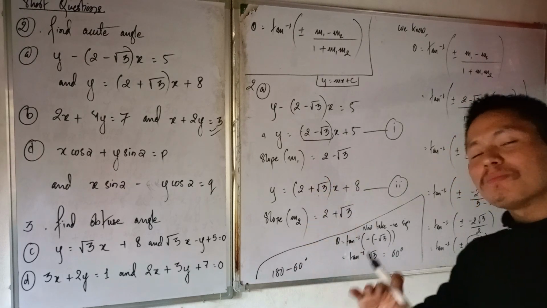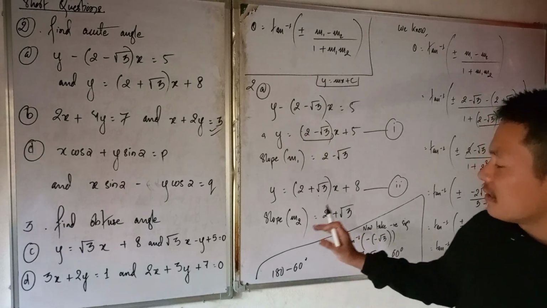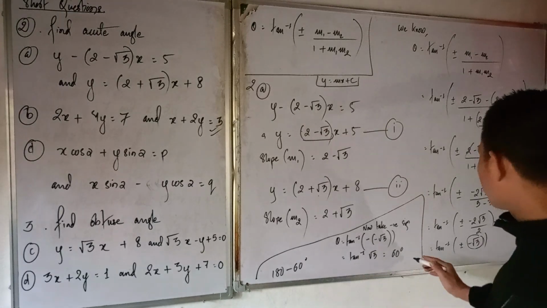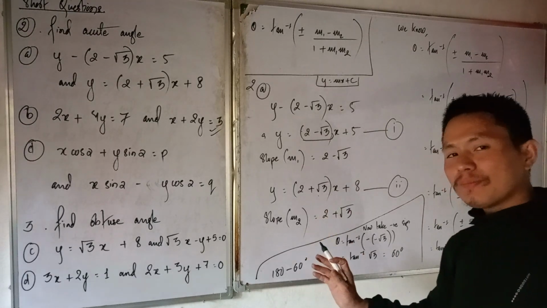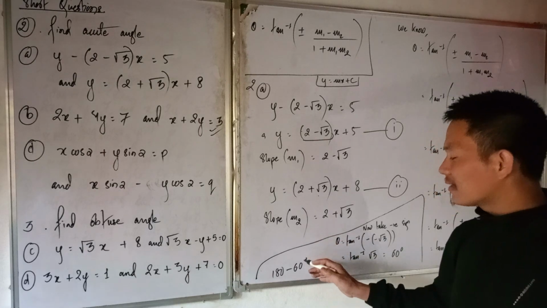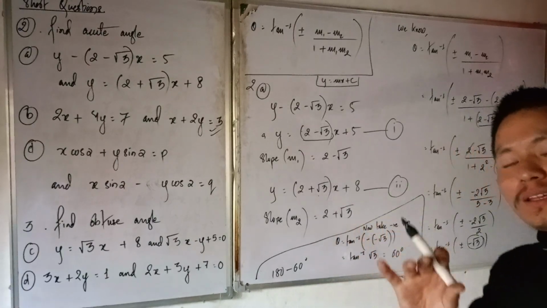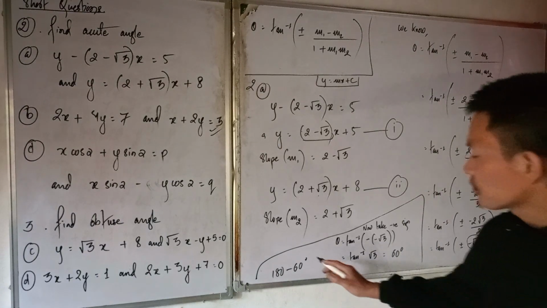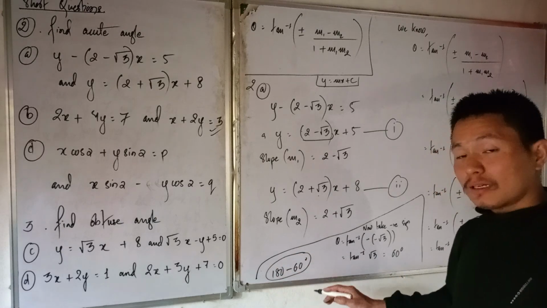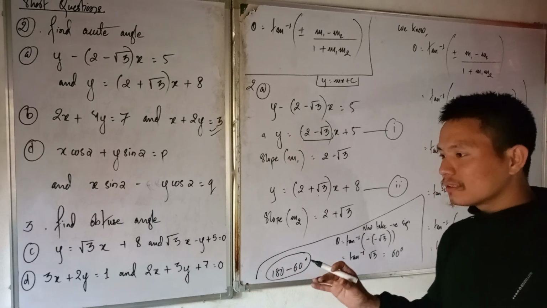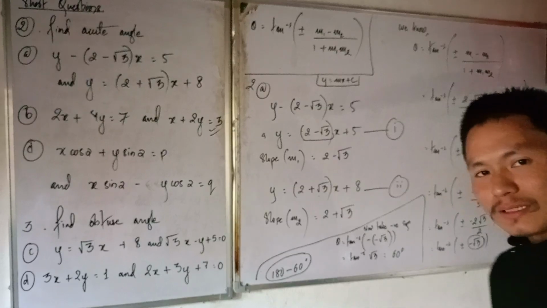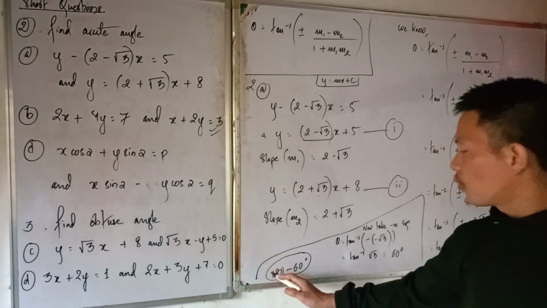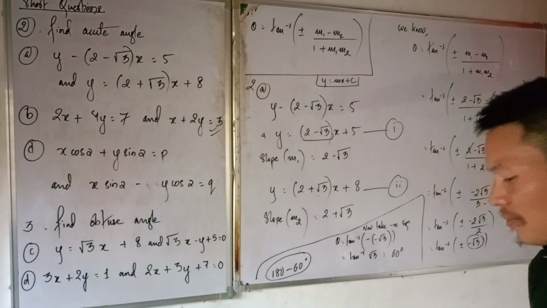If the angle is given in minus, it doesn't mean that you have to write the answer in minus degrees. It means that you have to subtract that angle from 180 degrees. So if you use the calculator and the angle is given in minus degrees, in that case you just subtract that angle from 180 degrees. That is what is meant by the obtuse angle.